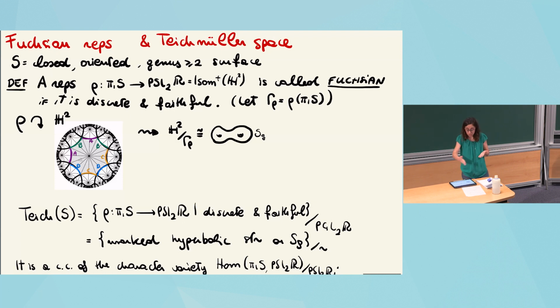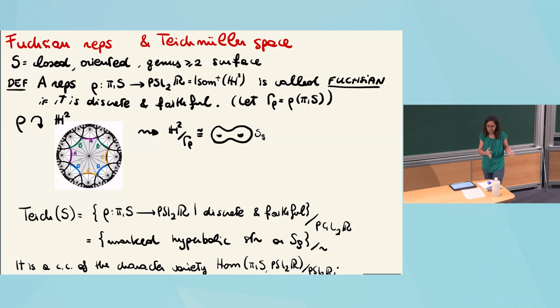You can look at the action of those representations on H2, and then the quotient gives you back your surface. And so the moduli space of those, you can take all of those discrete and faithful representations up to conjugation, and this is in bijection with marked hyperbolic structures on the surface.